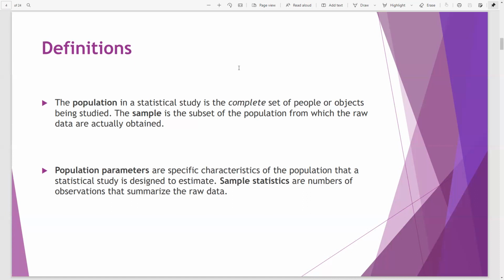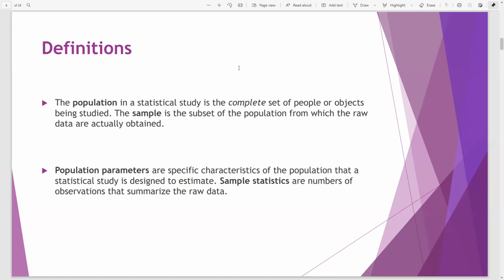It is considered a complete set, whereas the sample is the subset of the population from which the raw data are actually obtained.